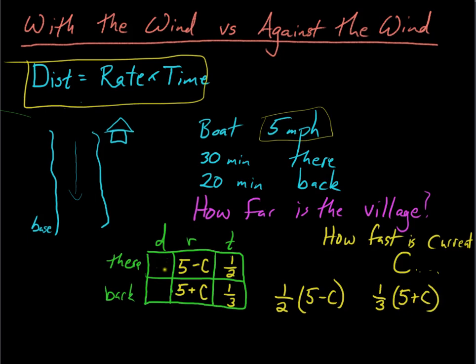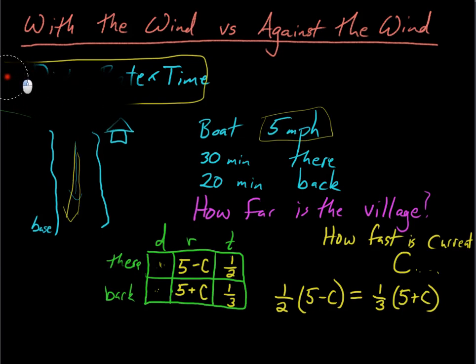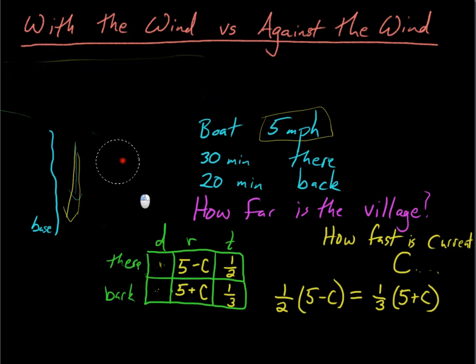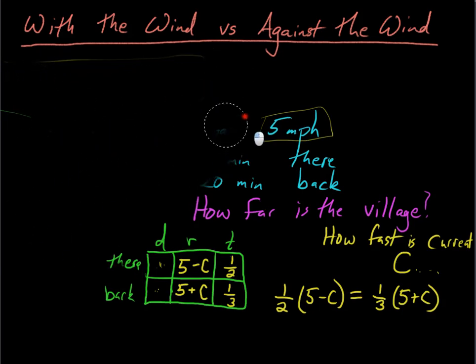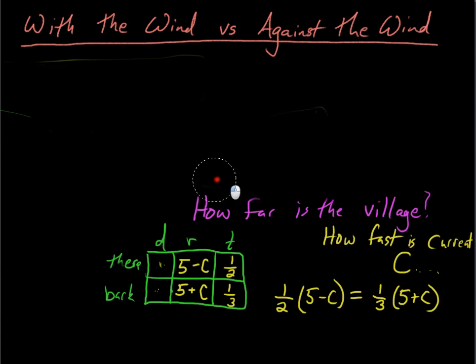And because I'm going the same trip both ways, I'm just going to the village and back to my base, these two distances are the same, right? So those had better be equal to each other. Alright, so now we've taken our words and turned it into an equation. And let's solve the equation right quick.